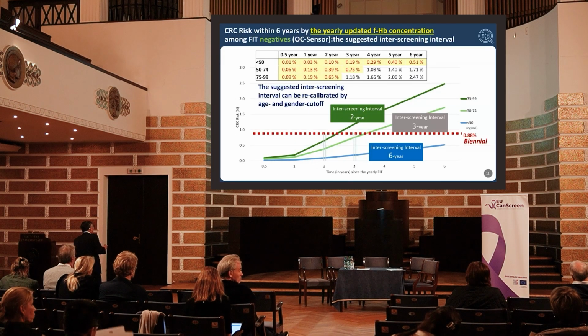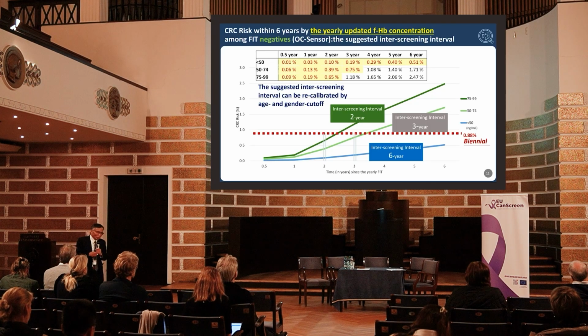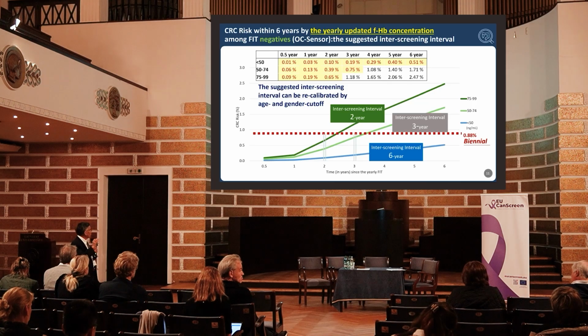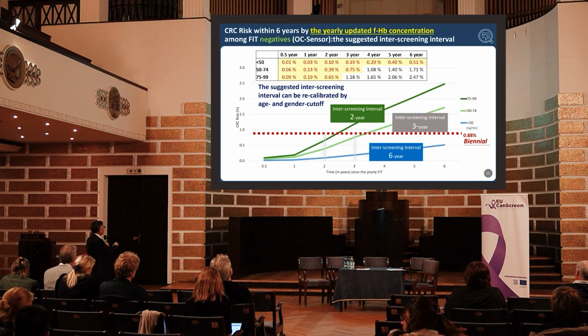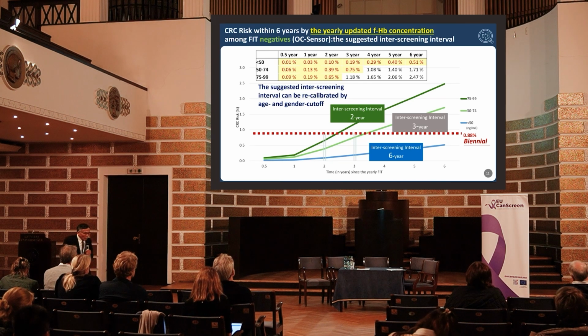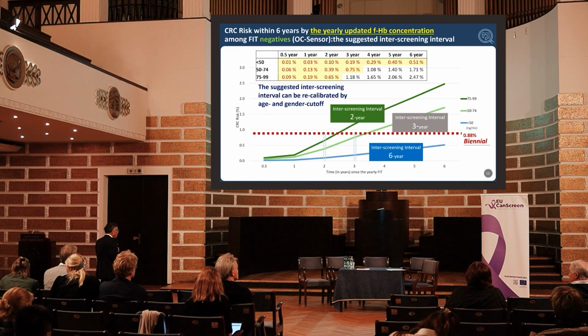So in terms of the inter-screen intervals, the biennial is the reference group. Then, based on the data in the upper table, you can shorten the interval for the high risk group and lengthen the interval for the low risk group.